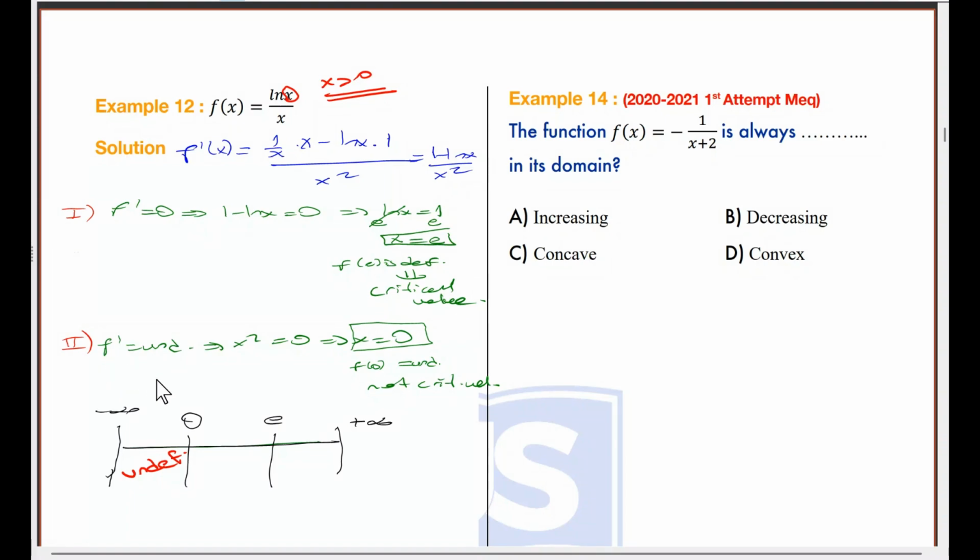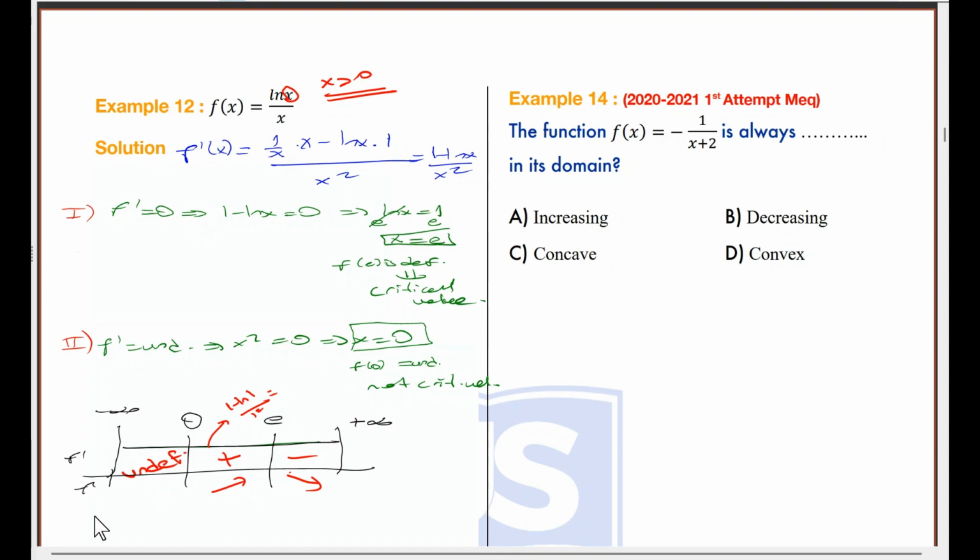Okay, so in this interval, let's pick a number bigger than 0, like 1. Put it back in the derivative: 1 minus ln 1 over 1 squared. Is that a positive value? Yes, when you use your calculator, you'll see it's positive. This region is positive, this is negative: increasing, decreasing.